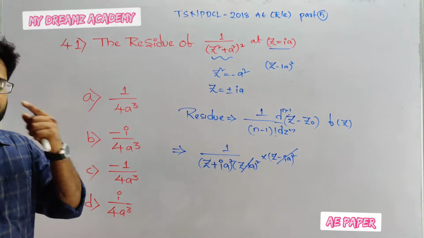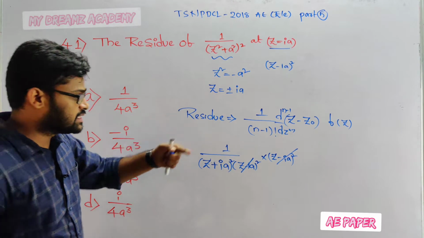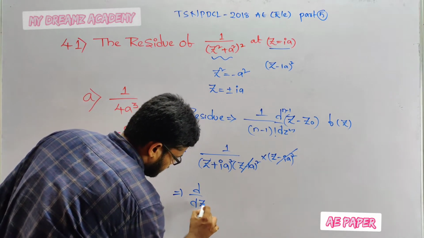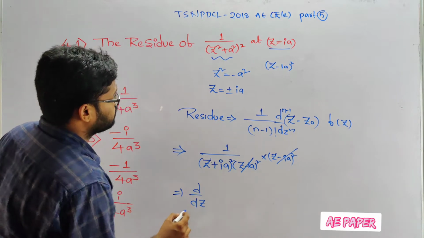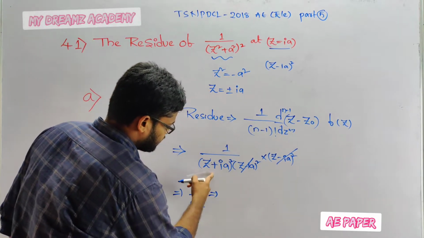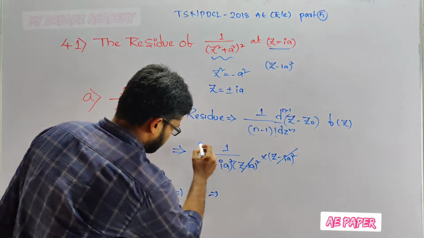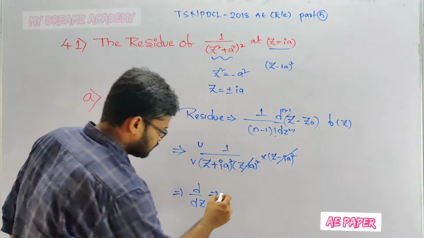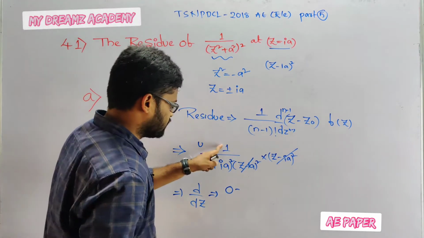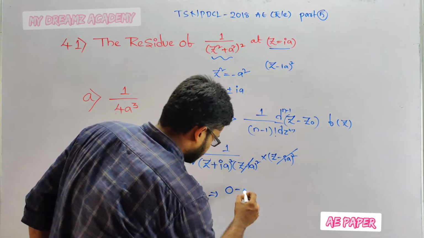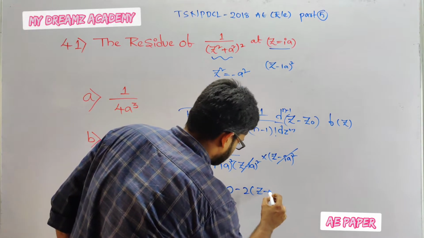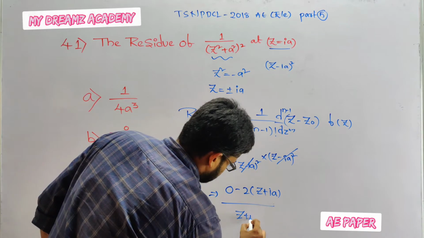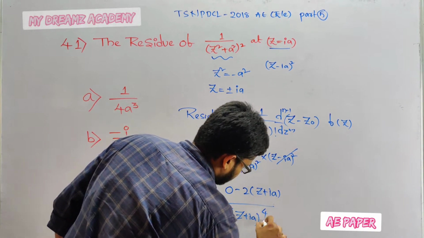Now we need to do differentiation of this with respect to z. So do the differentiation d by dz of the function with respect to z, by the u by v method. v times differentiation of u will give 0, minus u times differentiation of v, so it will give 2 into (z plus ia) divided by (z plus ia) whole power 4, isn't it?